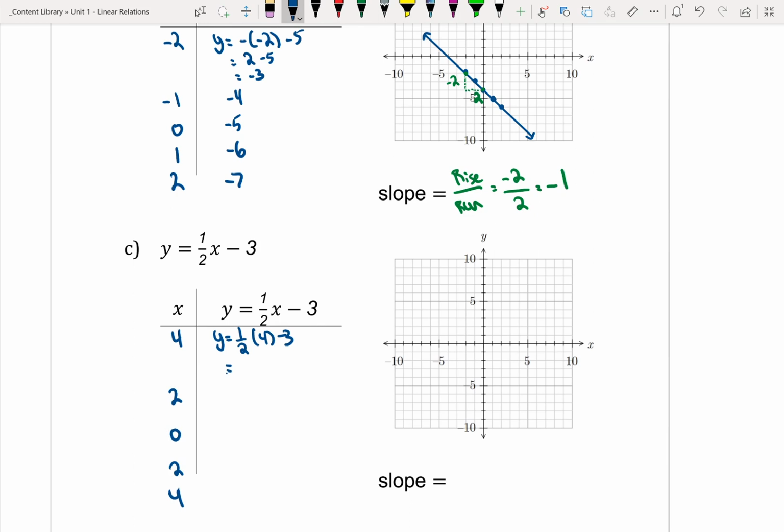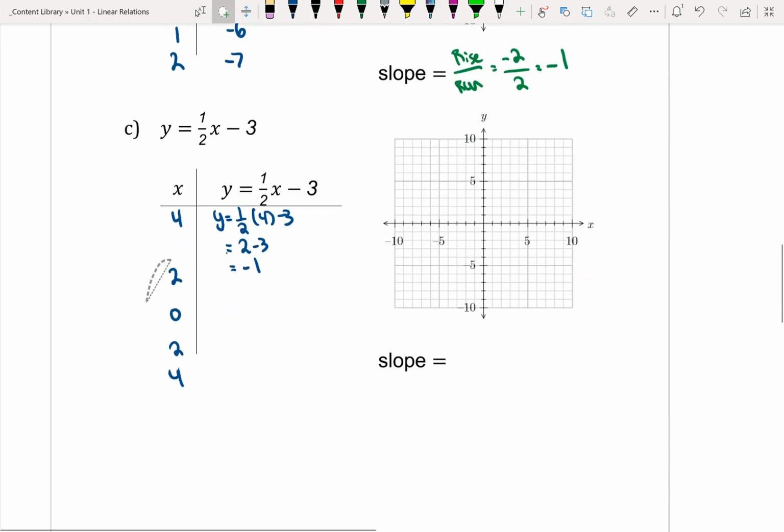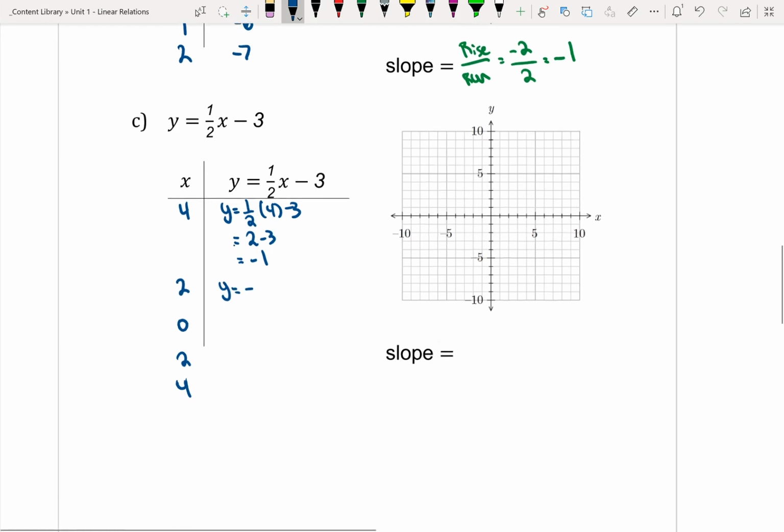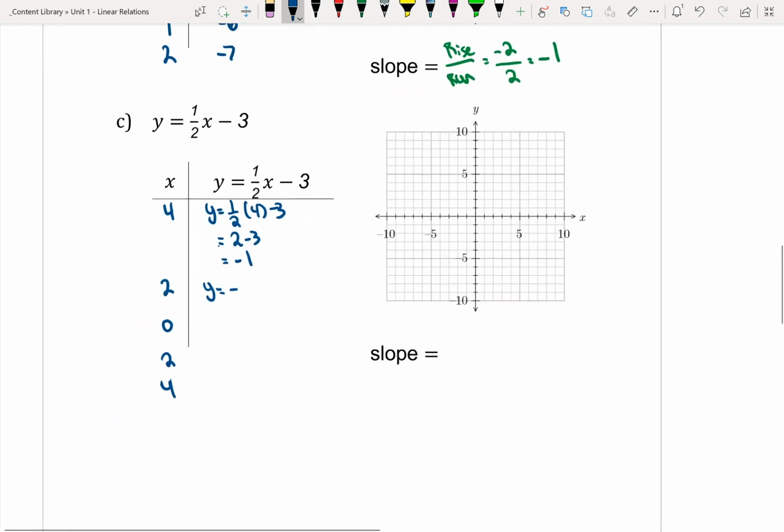So 1/2 times 4 minus 3. 1/2 times 4 is 2 minus 3, which equals -1. I'm going to do the same thing with 2. When I plug 2 in, I get 1/2 times 2 minus 3.